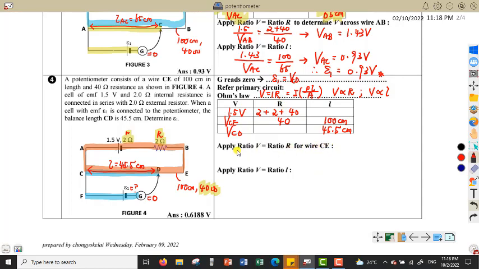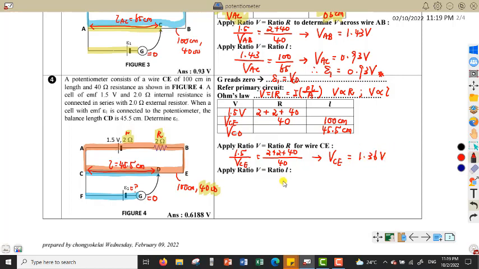So we have 1.5 over the voltage across the whole wire CE. So 1.5 is given to 2 plus 2 plus 40, where the wire alone is 40 ohm. So we will get the voltage across the whole wire is 1.36 volt.